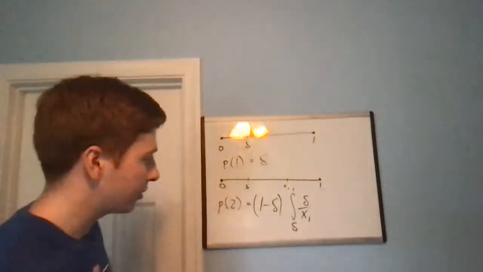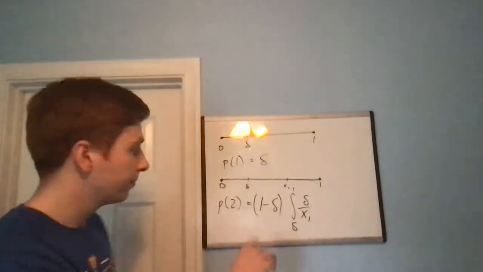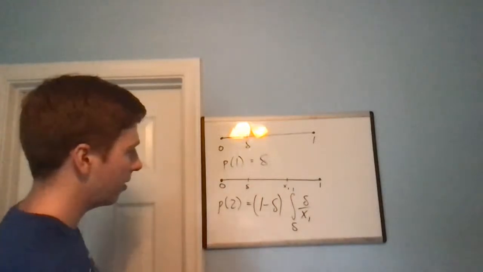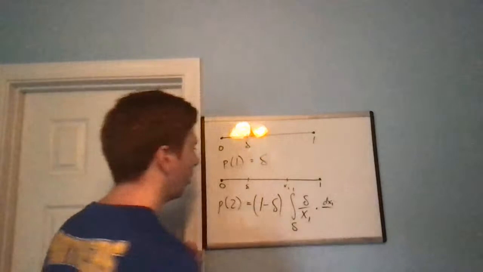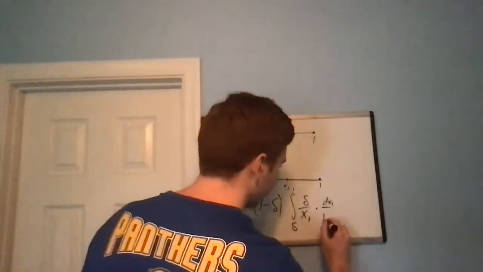There's a delta over x1 probability that x2 is going to lie within the correct range, and then we multiply by dx1 over 1 minus delta.